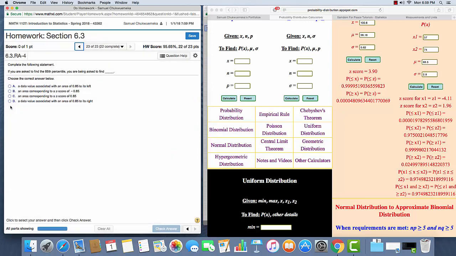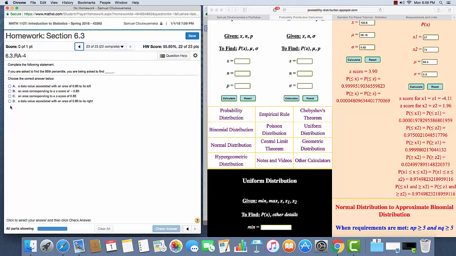Last but not the least, if you're asked to find the 85th percentile, you are being asked to find the score that separates the lower 85% from the upper 15%, or the bottom 85% from the top 15%.